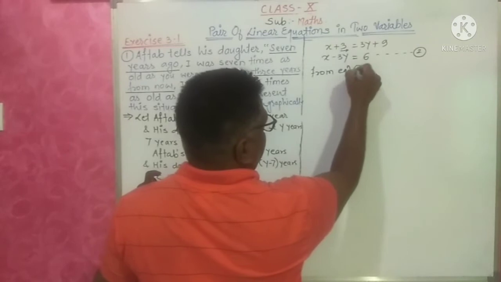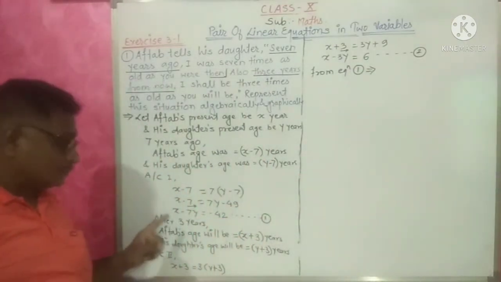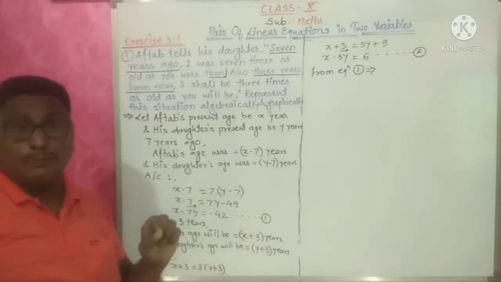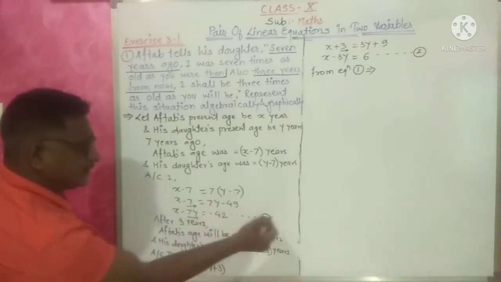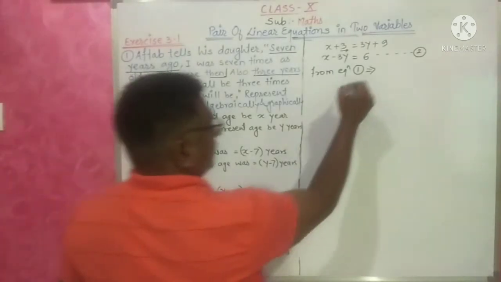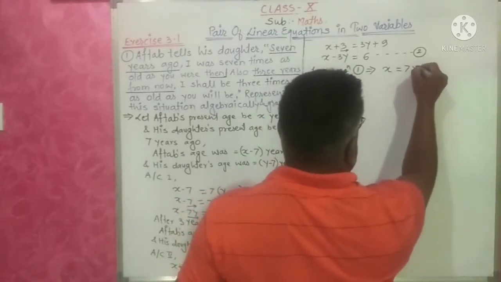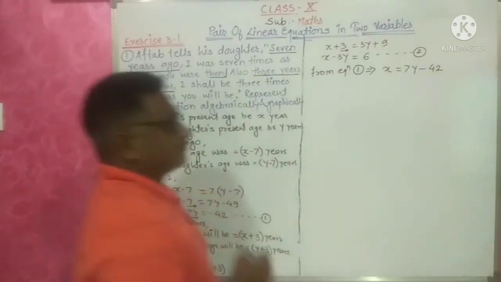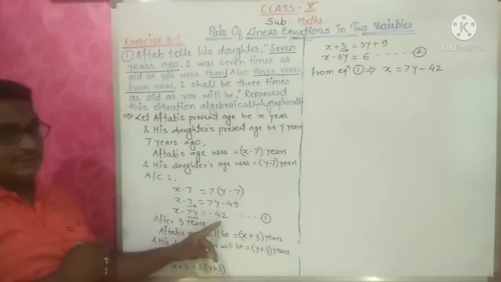From equation 1, write this equation in terms of y, as we studied in 9th standard. We transfer the terms, so x equals 7y minus 42.